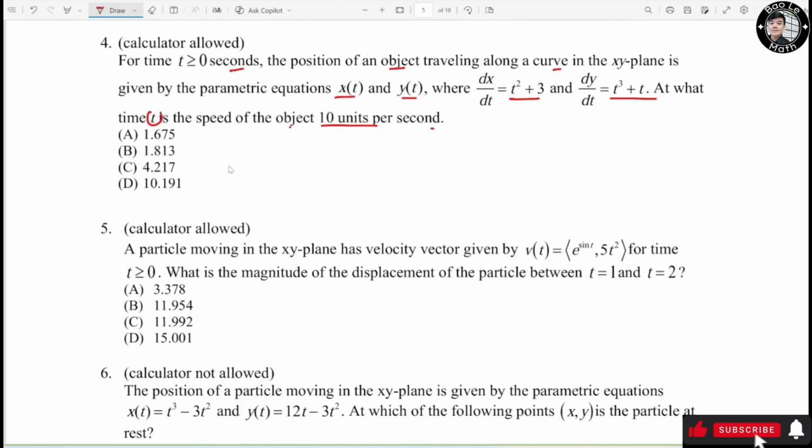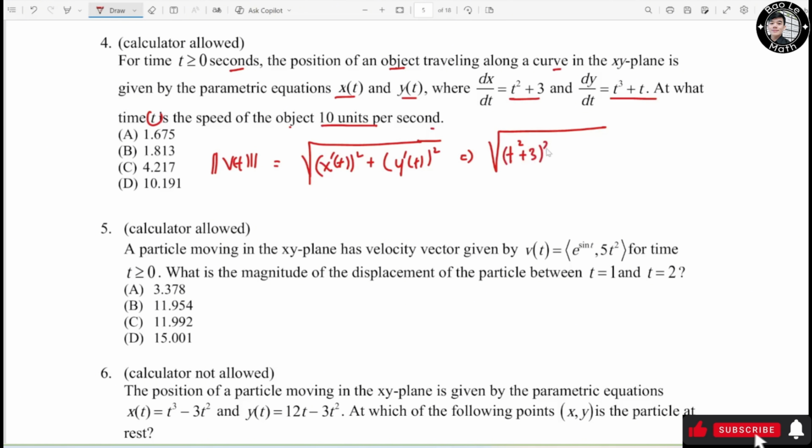Alright, so we know that the speed is going to be the square root of (t squared plus 3) squared plus (t cubed plus t) squared equals 10, right?